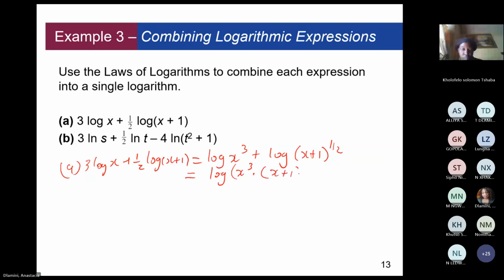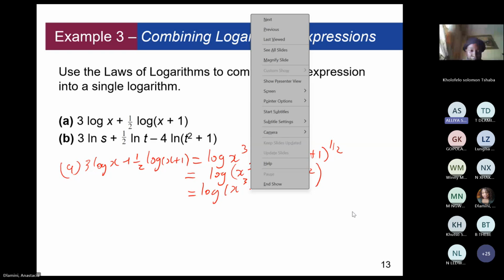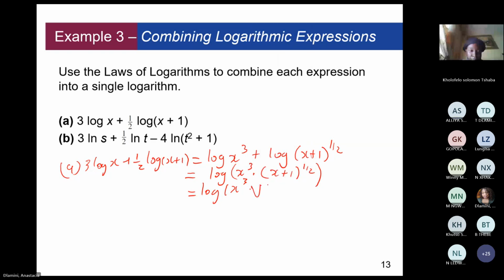Am I right so far? Then it will be log of x to the power of 3 times the square root of x plus 1.